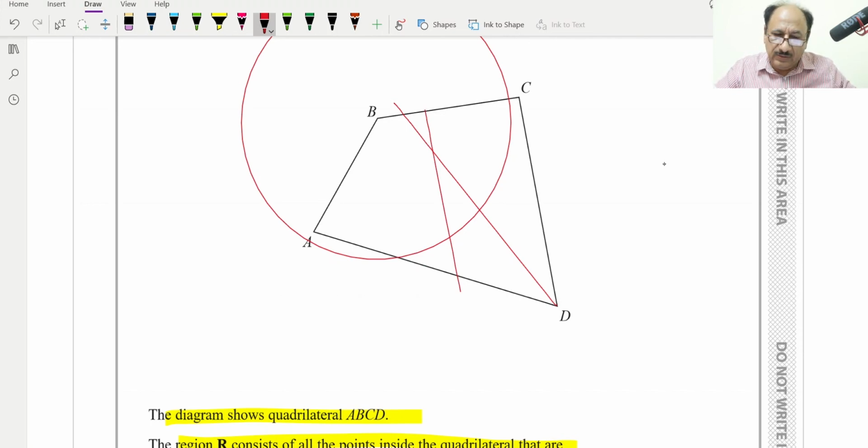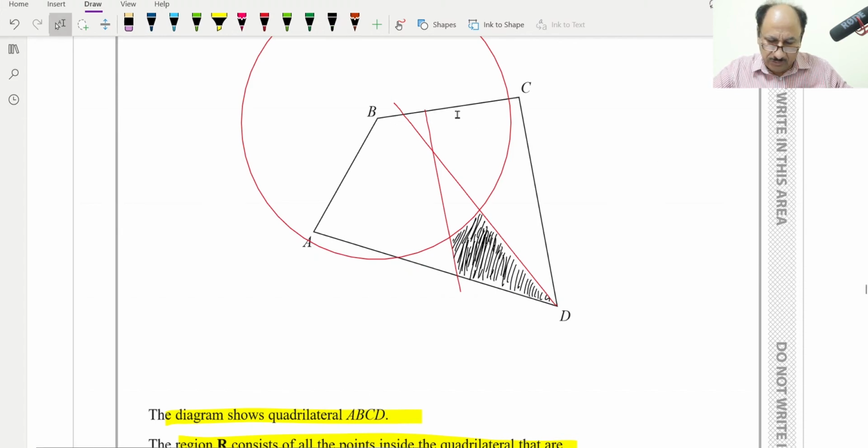So the shading part will be which one? Shading part will be this area. Hopefully you are understanding. According to the conditions, you will be drawing this one. You can use the compasses and show your arcs and draw this one, and this will be the answer for this part. Hopefully you got this.